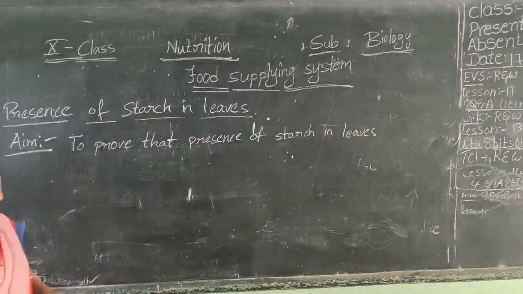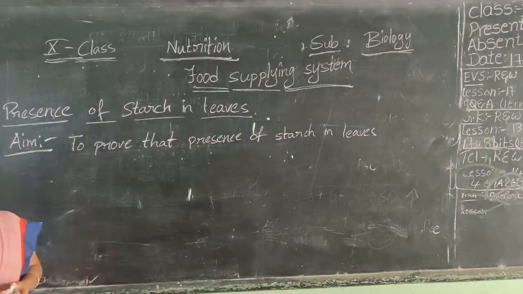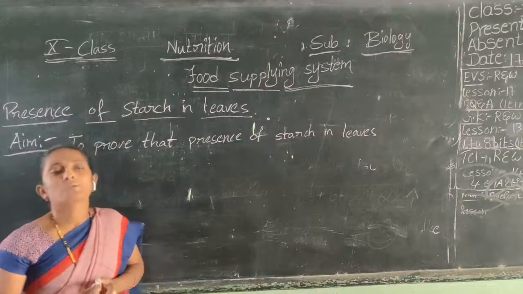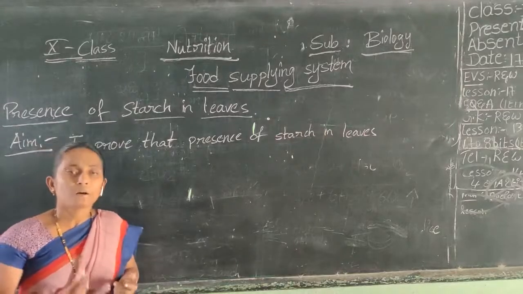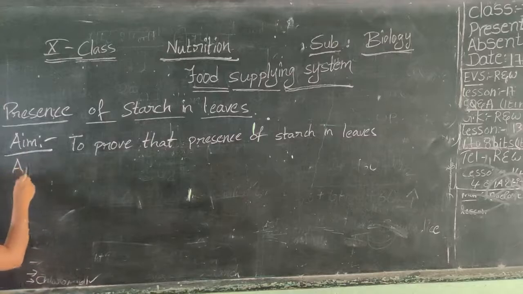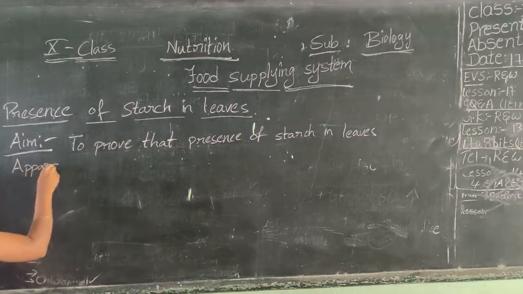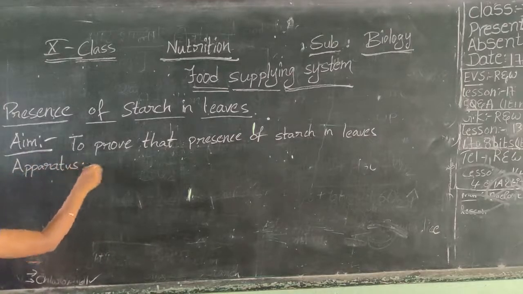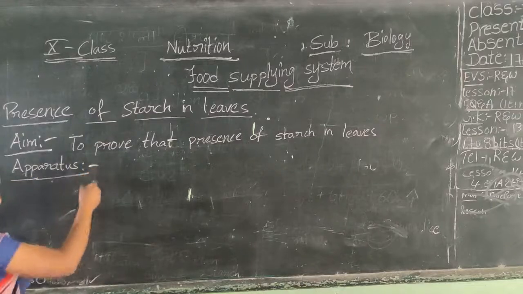Next, for conducting any experiment, we need some requirements. Those are called apparatus or materials required. What apparatus do you have to use here?